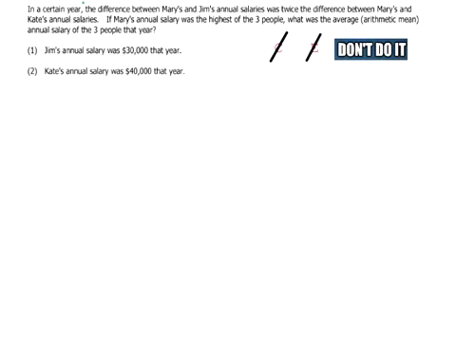So the difference between Mary's and Jim's annual salaries is... the one annoying thing in this problem is they give you these facts in the order that is opposite the order in which they are useful. Because if you don't have this orange statement yet, then that blue statement is an annoying thing that involves absolute values.